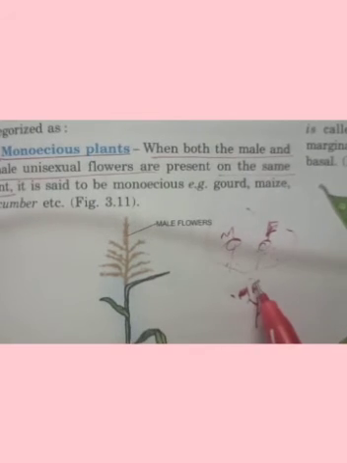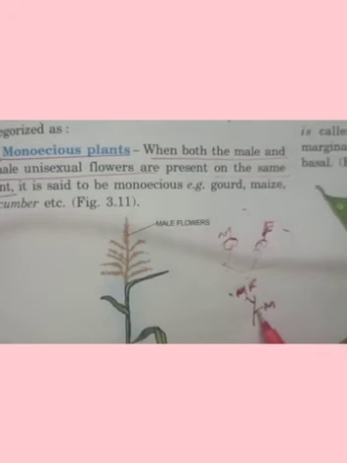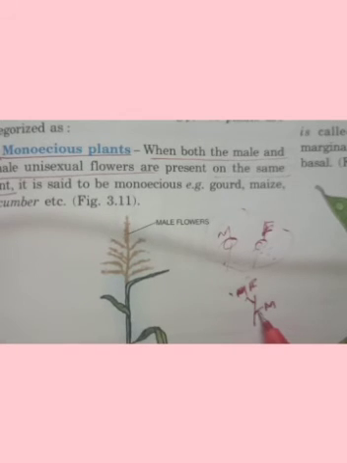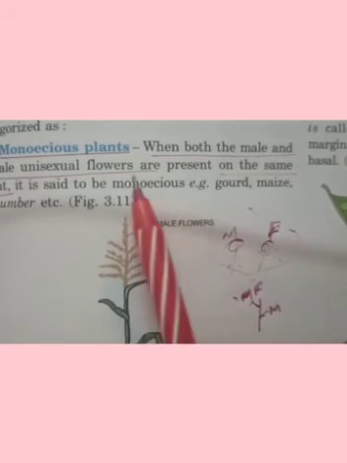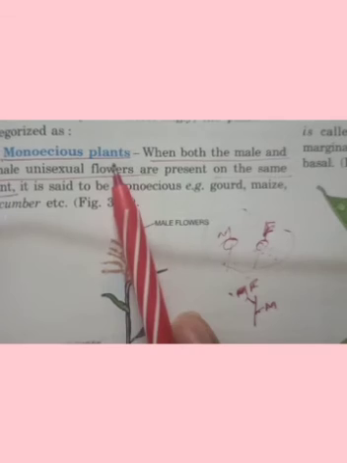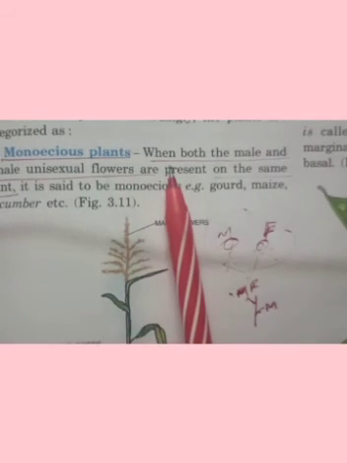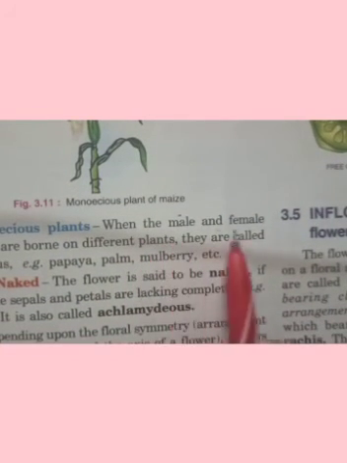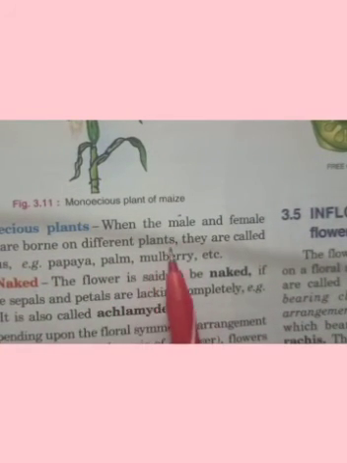For example, your cucumber, cucurbita, kaddu, lauki, tori, all your creepers are monoecious plants because they bear male flowers and female flowers. Dioecious means male and female flowers are borne on different plants, one bearing only male flowers, the other only female flowers.